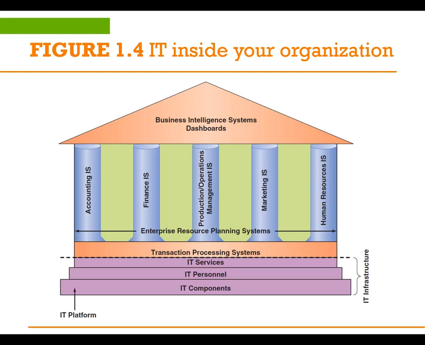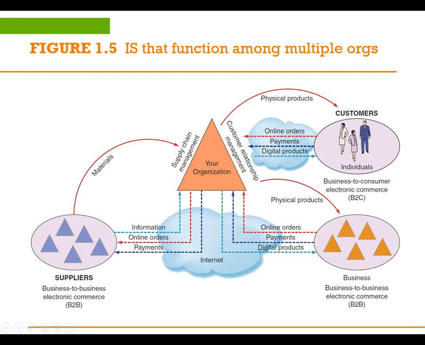We'll see in a later chapter some of the tools that can be used to maintain the database to keep it current and accurate. But again, the functional area information system just refers to that concept that each department may have their own optimized solution that works just fine for them.